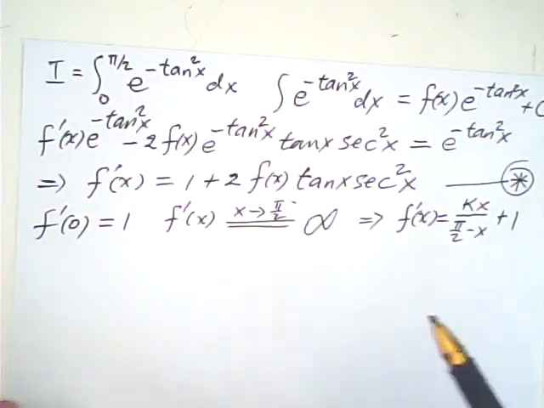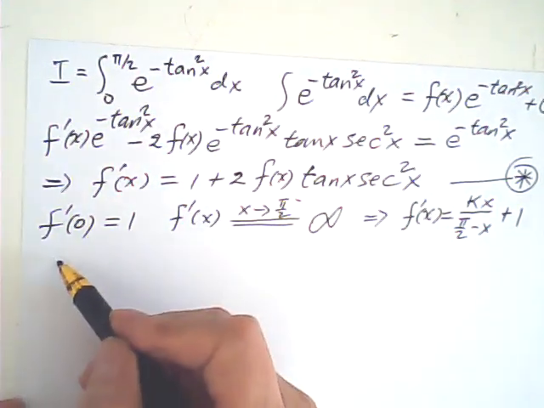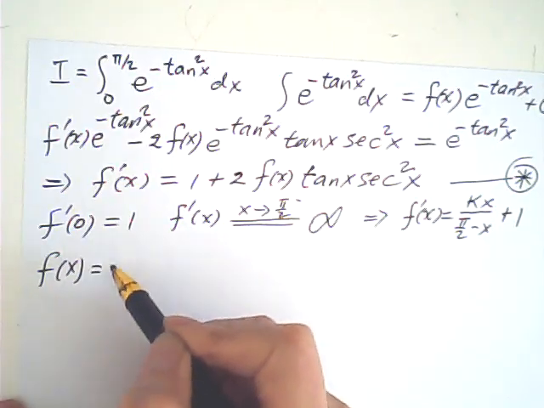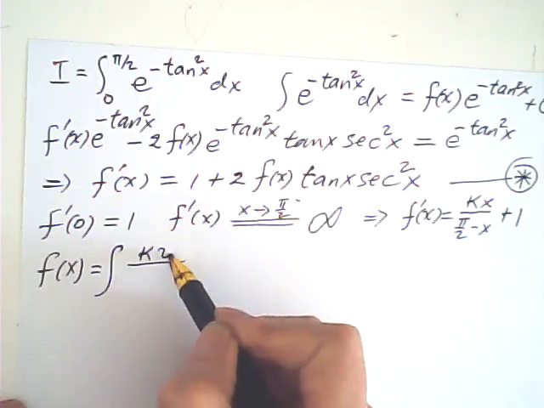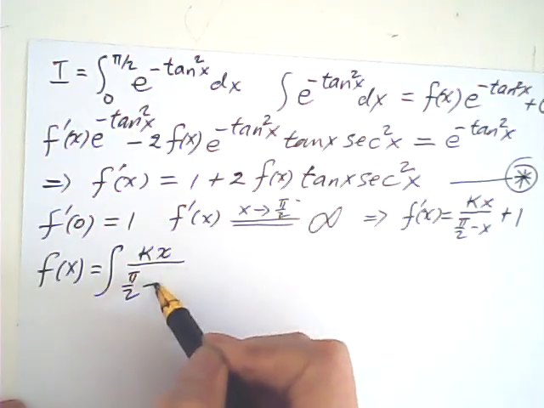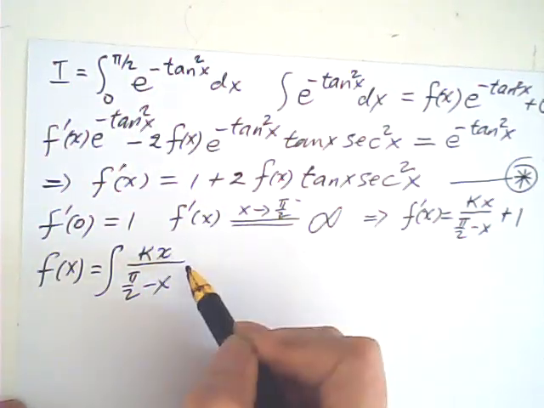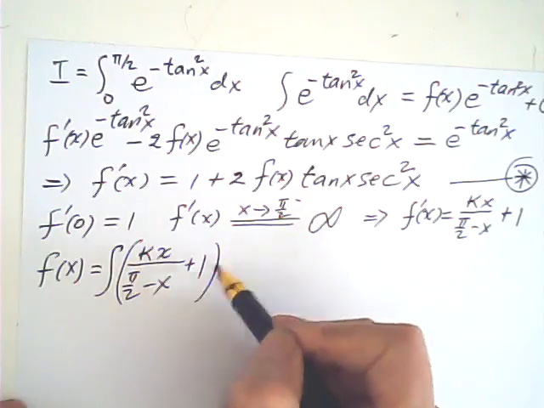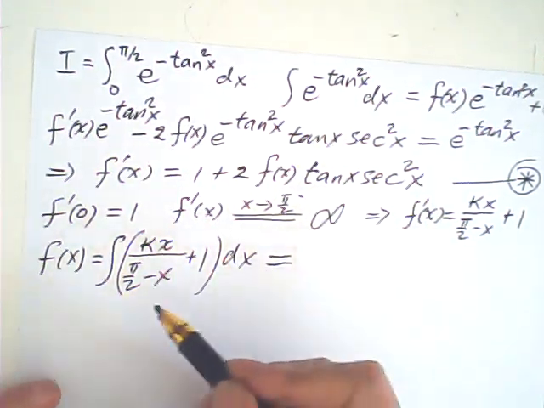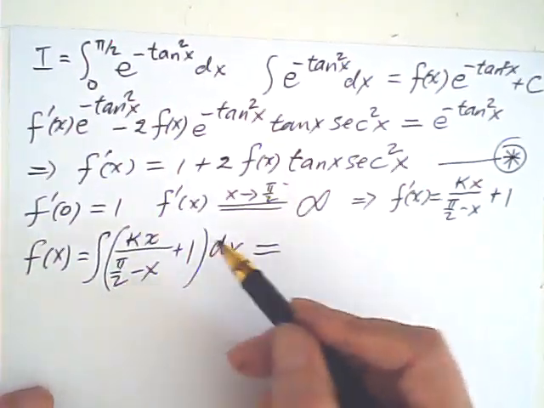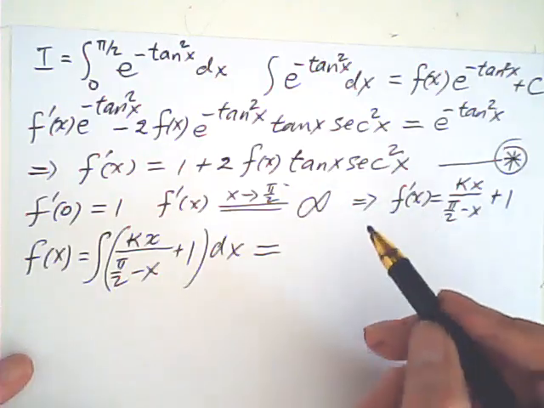Okay, then I can find f of x as the integral of kx over half pi minus x, plus 1, dx. I won't spend time on this one, I think this is not a difficult integral.